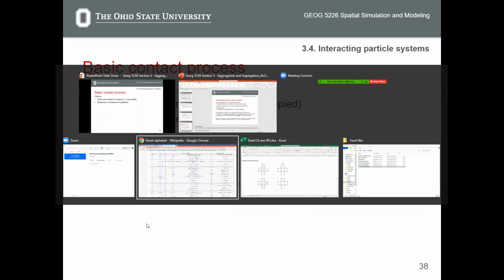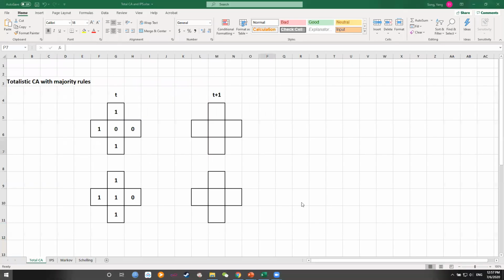Let me show you some examples and compare total CA and IPS. So here we have total CA with majority rules. If you remember, it means that the state of the central cell at t+1 is decided by the majority of itself and its neighborhood. We're talking about outer CA, right? So itself should be considered. If this is the case at t, for total CA, what's the state of the central cell at t+1?